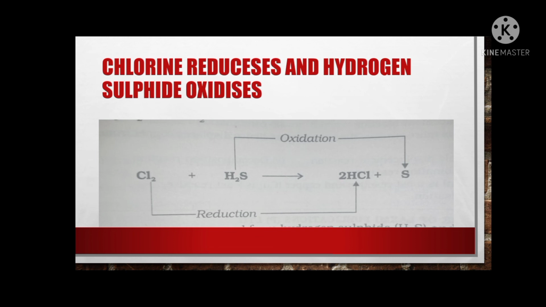We come across the definition of oxidation and reduction by taking the help of hydrogen. Here the chlorine is getting hydrogen, which means it is reducing. There is addition of hydrogen taking place to the chlorine, therefore it undergoes the reduction process. But hydrogen sulfide is losing hydrogen, so it is undergoing the oxidation process.